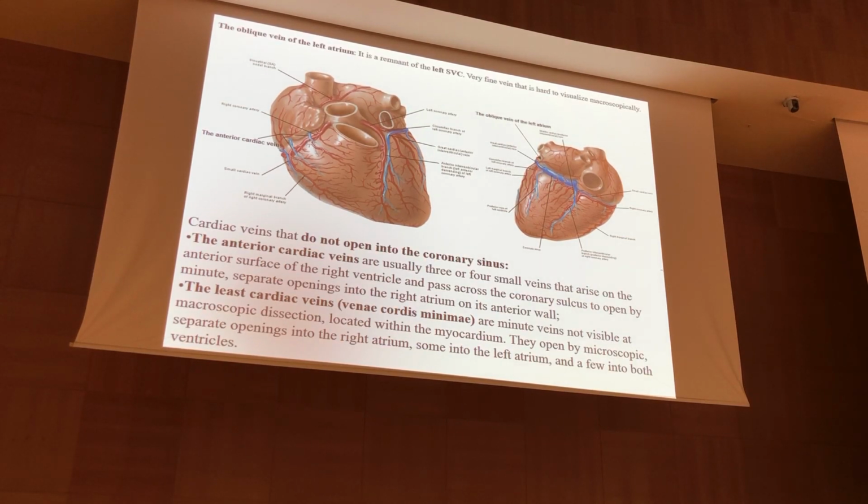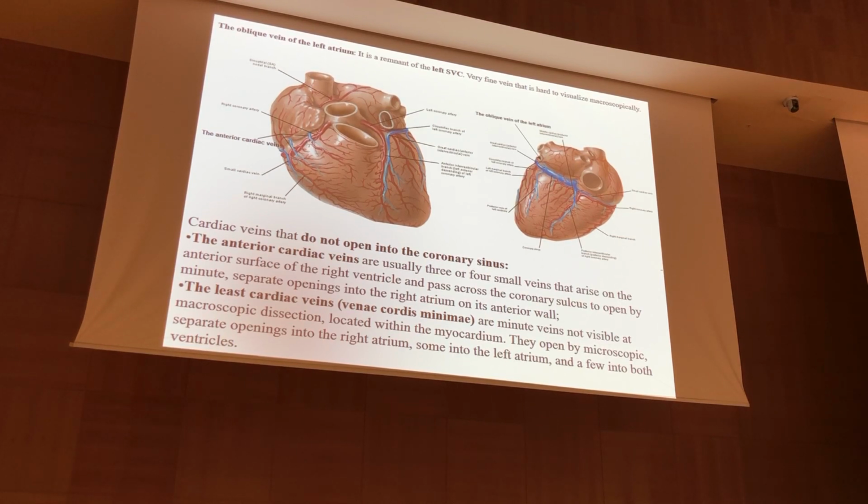So all non-oxygenated blood, regardless of whether it's coming from the heart itself or from the superior or inferior vena cava, will go into the right atrium. We have some other veins that go directly into the right atrium. We call them the anterior cardiac veins. We have three or four of them, going from the right ventricle to the right atrium directly. And we have some microscopic veins.